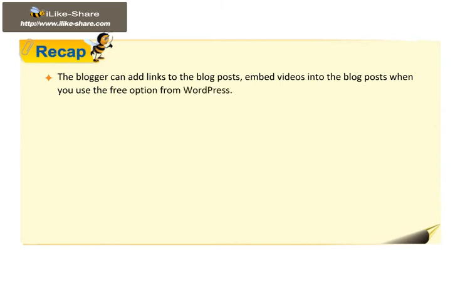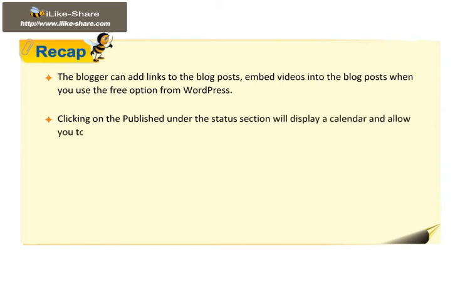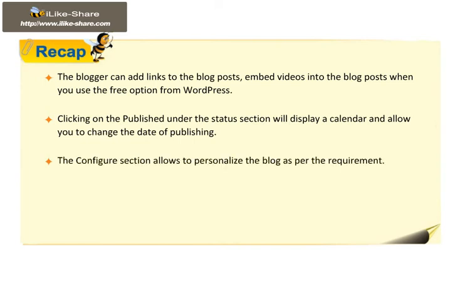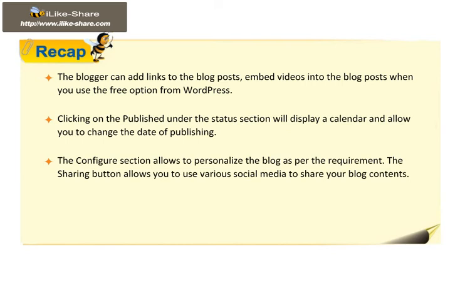The blogger can add links to the blog post, embed videos into the blog post when you use the free option from WordPress. Clicking on the Published under the Status section will display a calendar and allow you to change the date of publishing. The Configure section allows to personalize the blog as per the requirement. The Sharing button allows you to use various social media to share your blog contents.